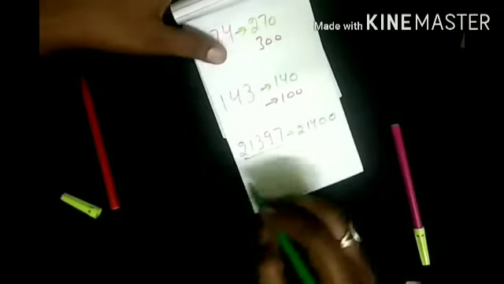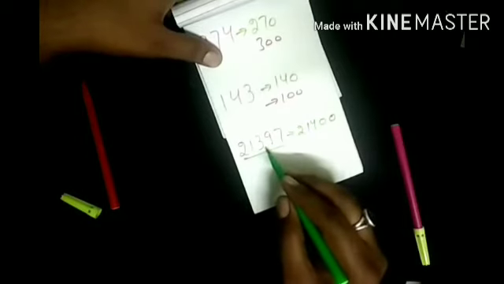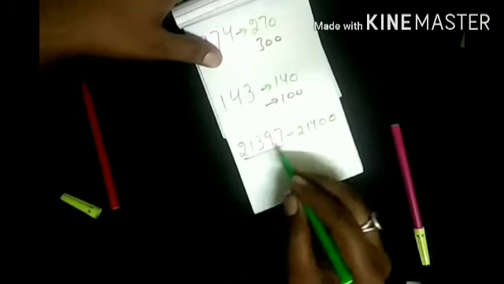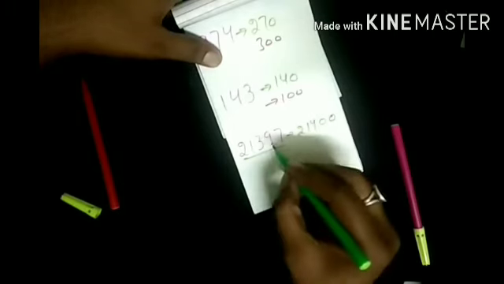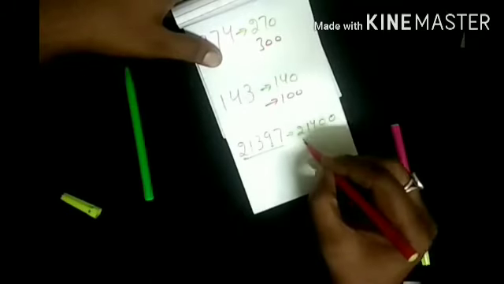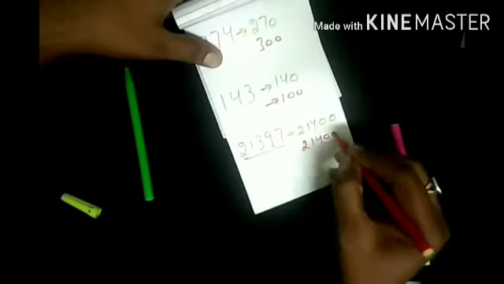Okay. Now if I had to round it off to the nearest 100, then my answer will be, I will take the tens digit and its answer will be 21,400.